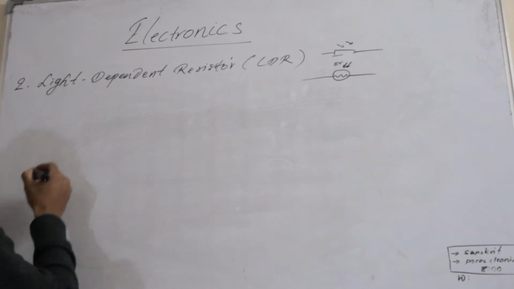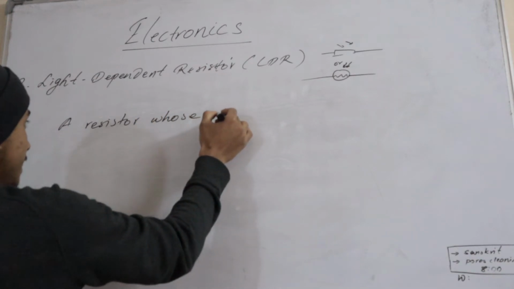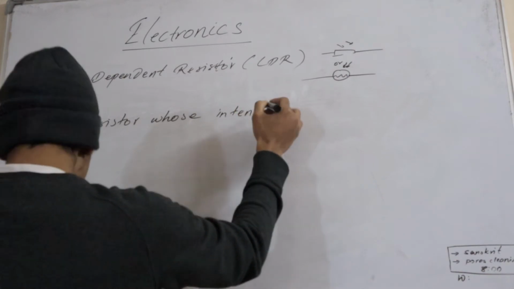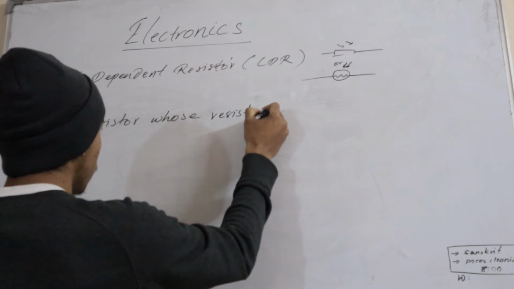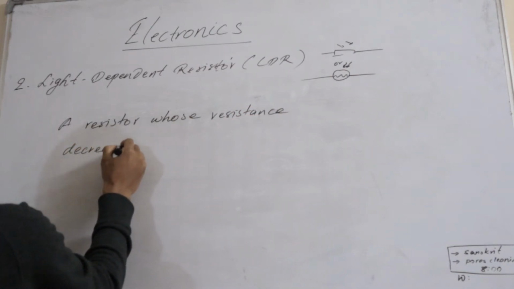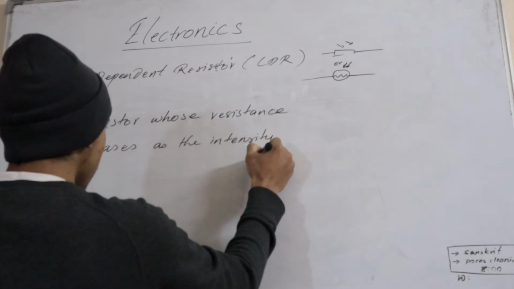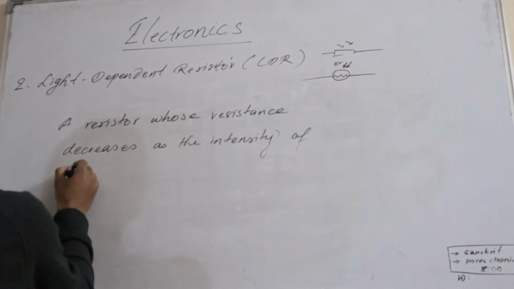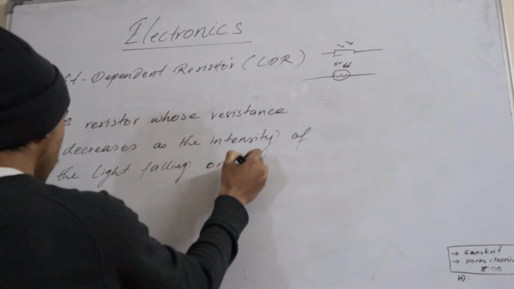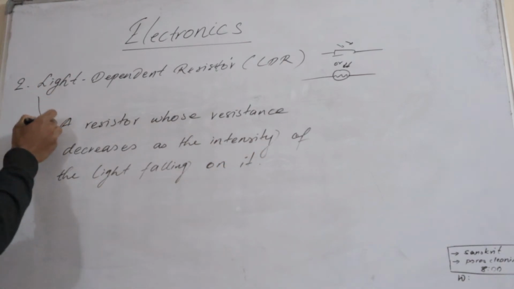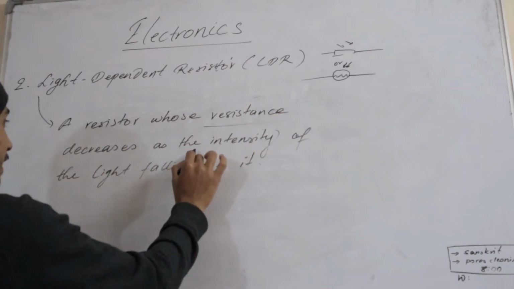Okay, so a light dependent resistor is a resistor whose resistance decreases as the intensity of the light falling on it increases.